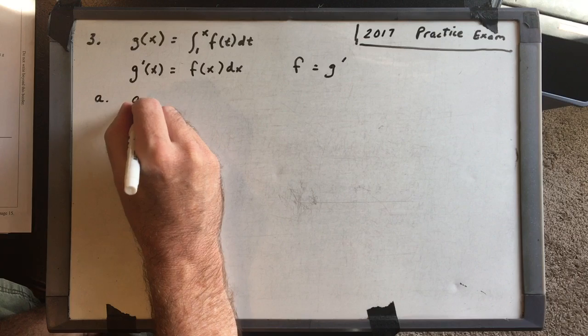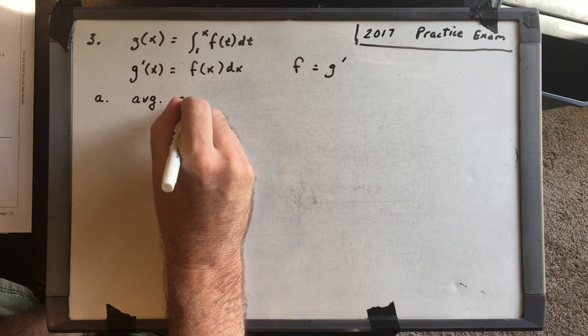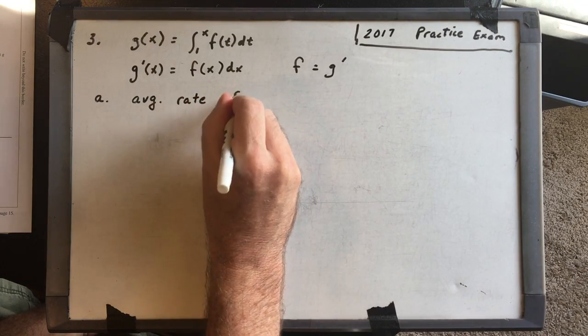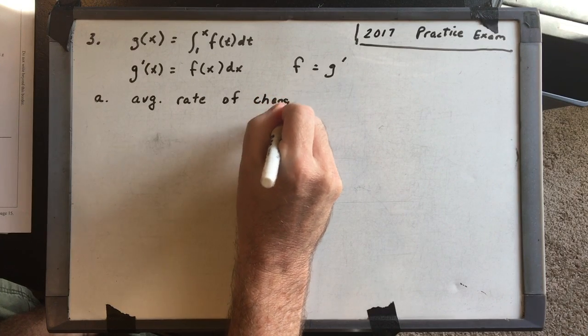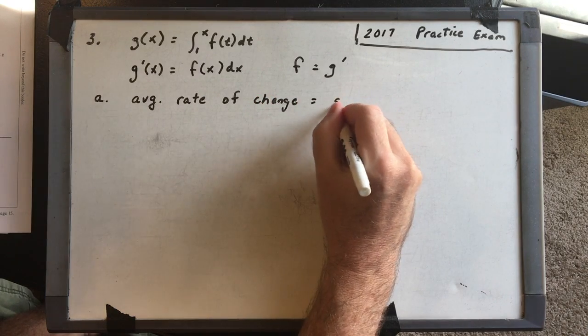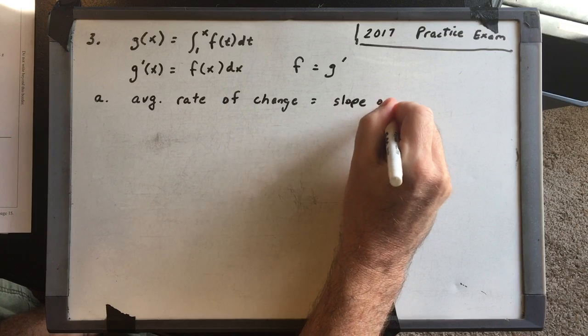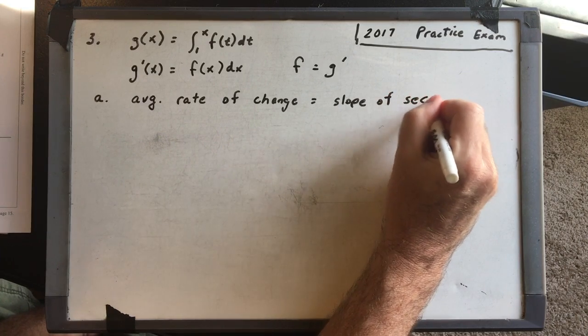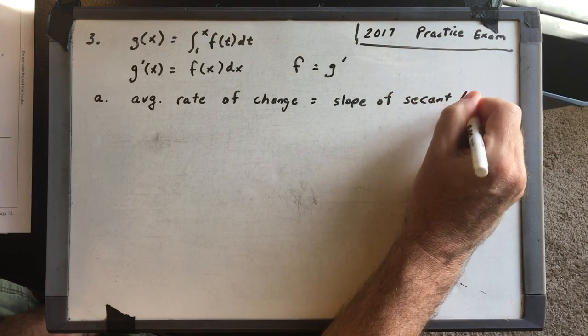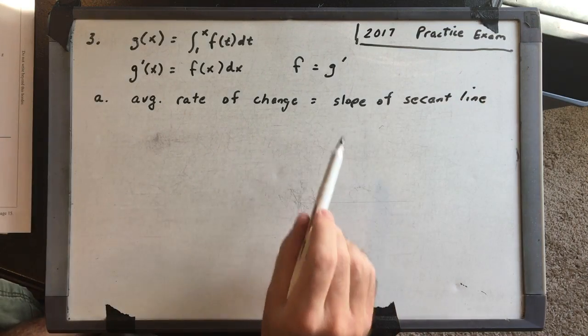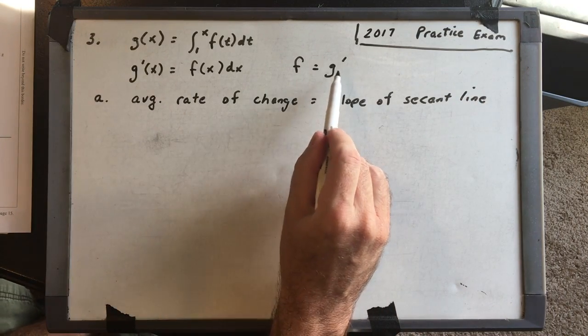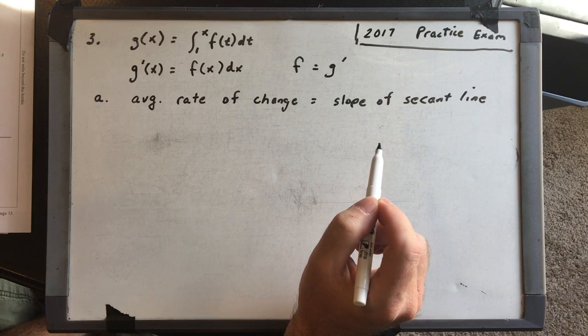Well, the average rate of change is equal to the slope of the secant line. Now, if they had given us a graph of g and not a graph of g prime, that would be super easy to find.